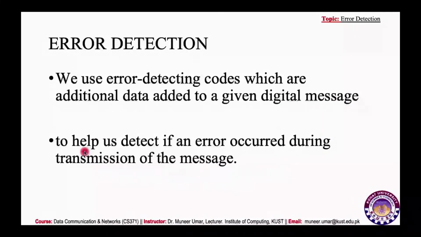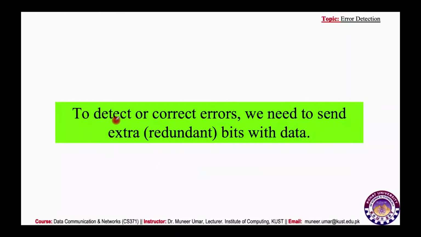The additional data helps us detect if an error occurred during transmission of the message. To detect or correct errors, we need to send extra bits with data. These extra bits are also called redundant bits.